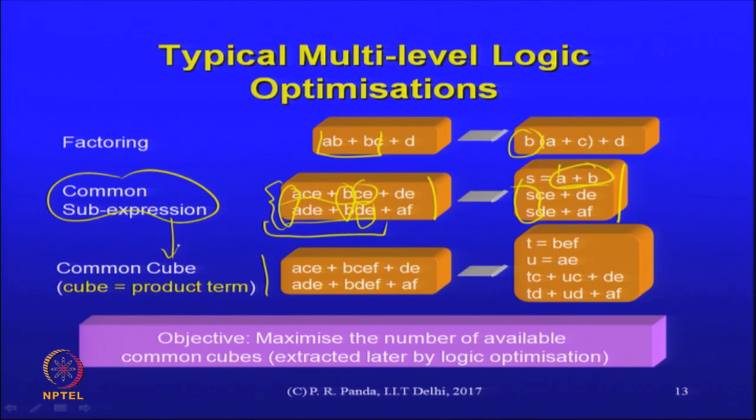So, what common cubes are there in this expression here? I have an a e here, I also have an a e here.